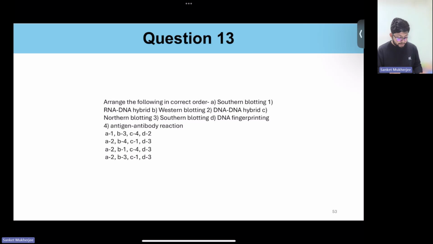Here, arrange the following in the correct order. So, Southern blotting is for DNA-DNA hybrid. Western blotting is for antigen-antibody reaction.